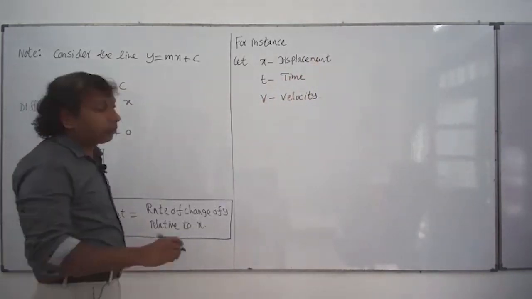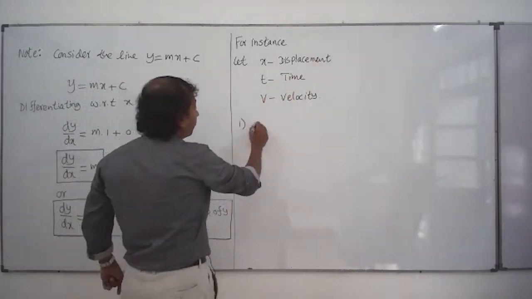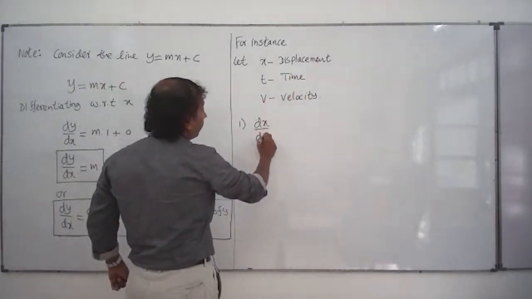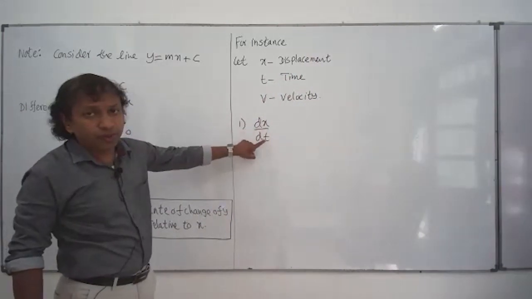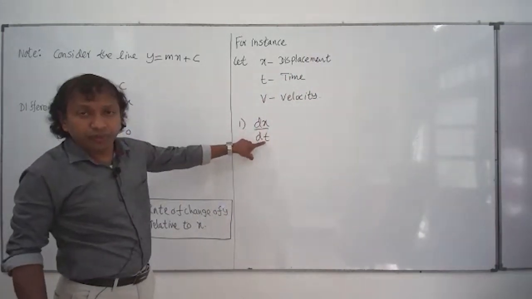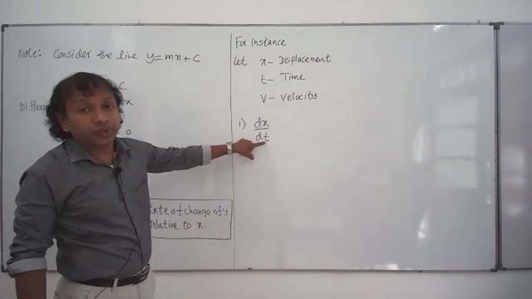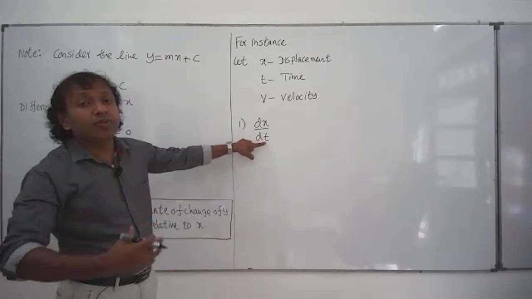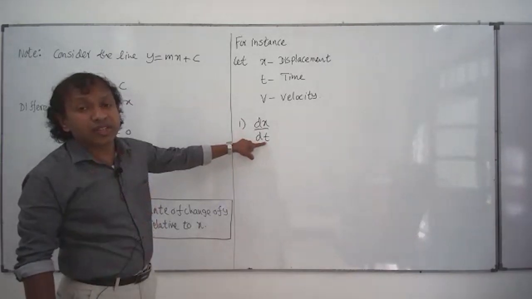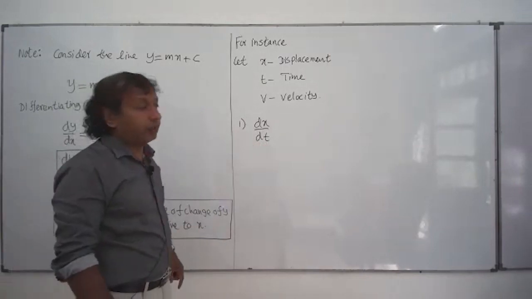Then what is dx upon dt? Rate of change of displacement relative to time. That means in 1 second, the number of meters the displacement moved. That is velocity.